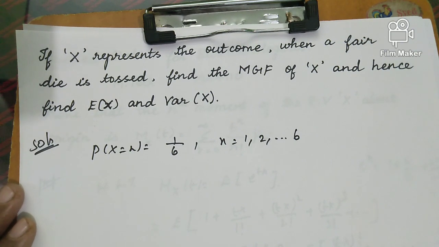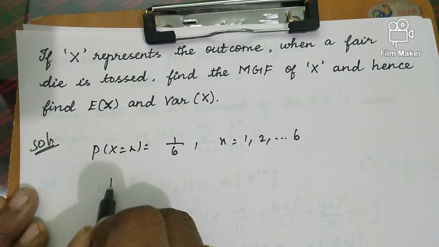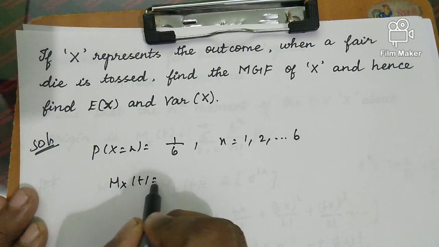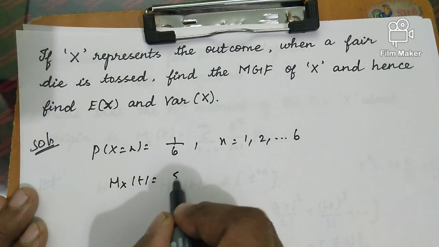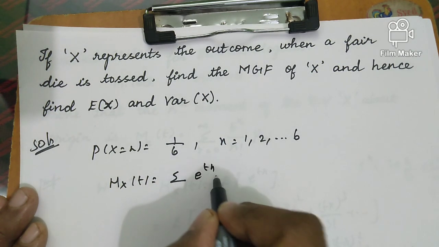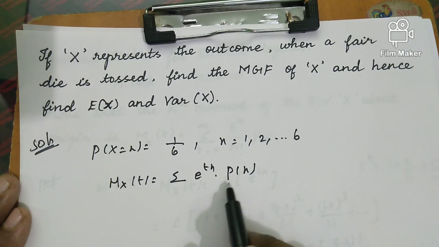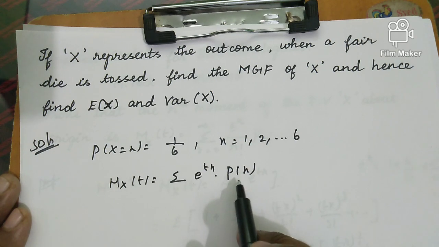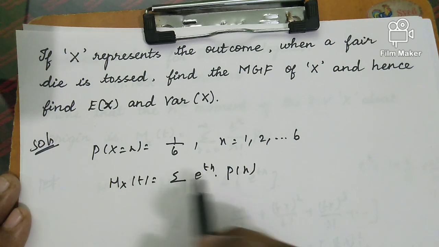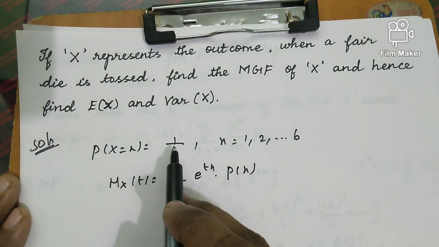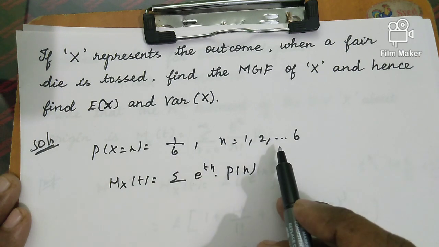So now we know the moment generating function definition, Mx of t equals sigma e power tx into P of x. It's understood that x is a discrete random variable because we have the outcome as 1 by 6 when tossing a fair die.